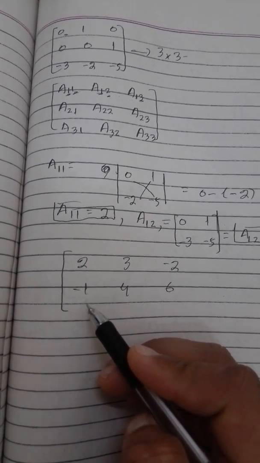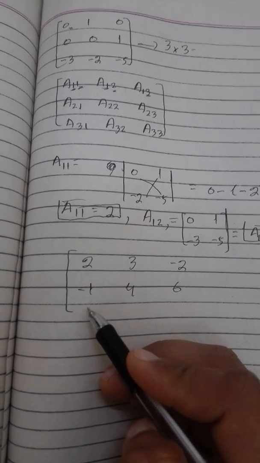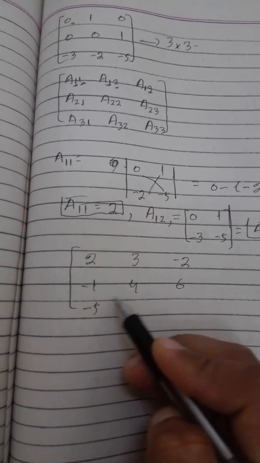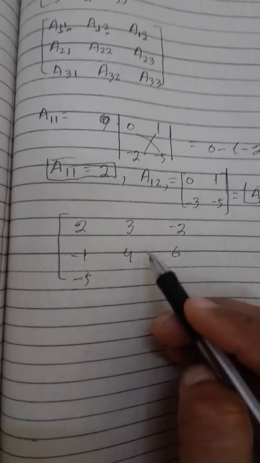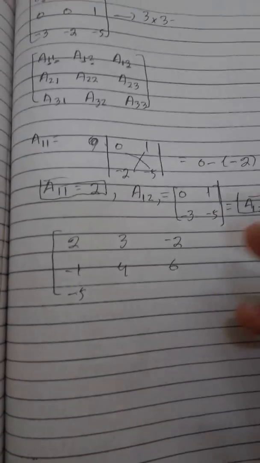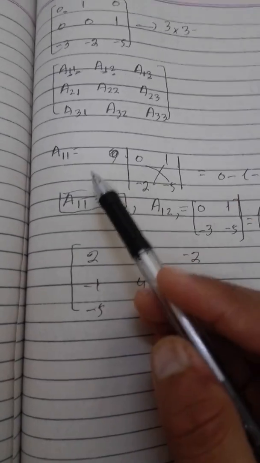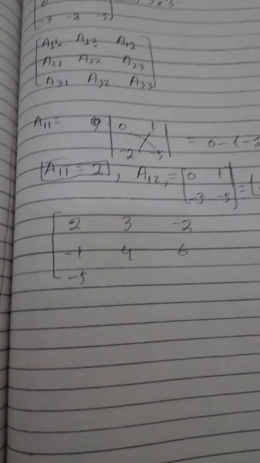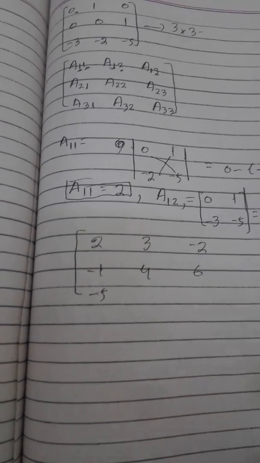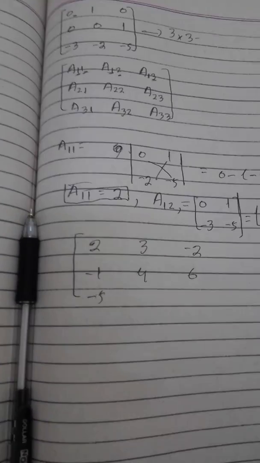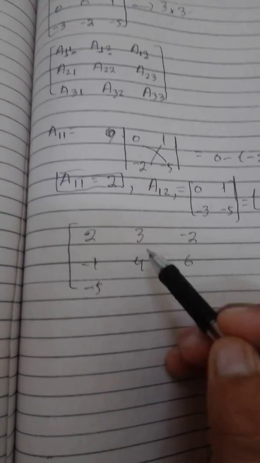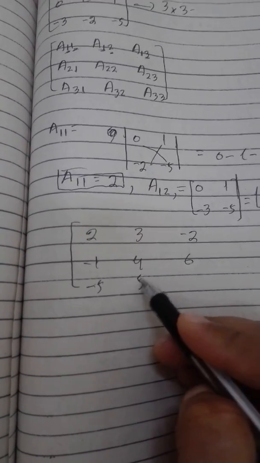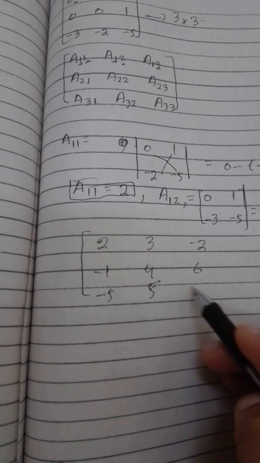I am doing a guess here because it will take a long time. I have done the method for these two cofactors, so you will just repeat the same techniques for finding the remaining cofactors. This will be 5, 9.